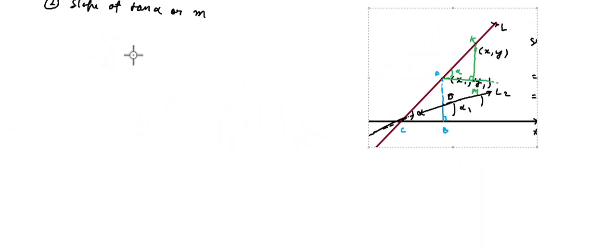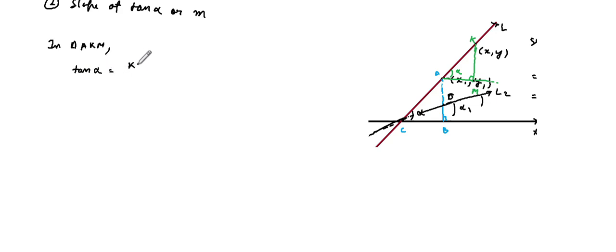If I look at triangle AKM, we have tan alpha as KM upon AM.